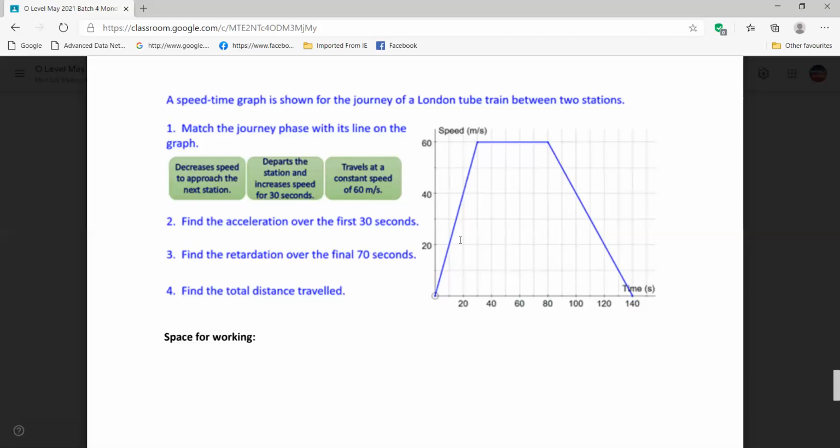Then it's 3000, and the acceleration part I found is 2 meter per second. For the acceleration over 30 seconds, 60 plus 60 plus 60 plus 60, so it should be 3000 and 120, 3120. Am I correct, sir?